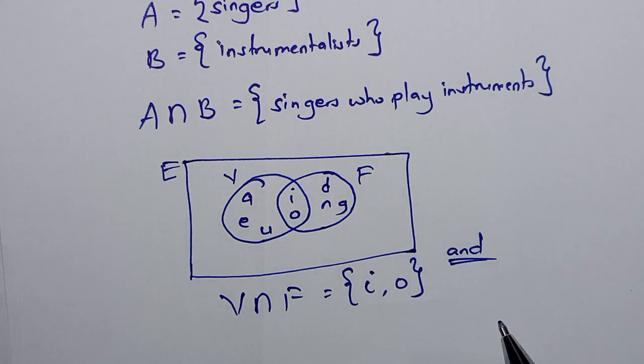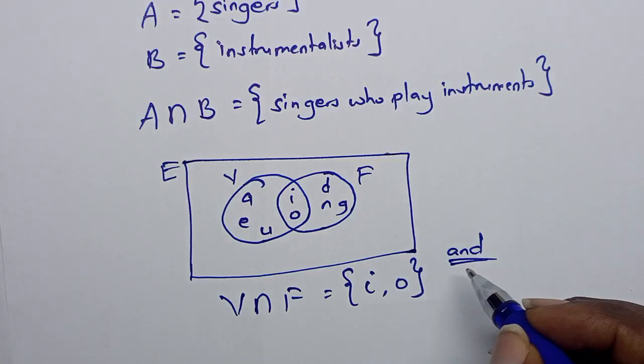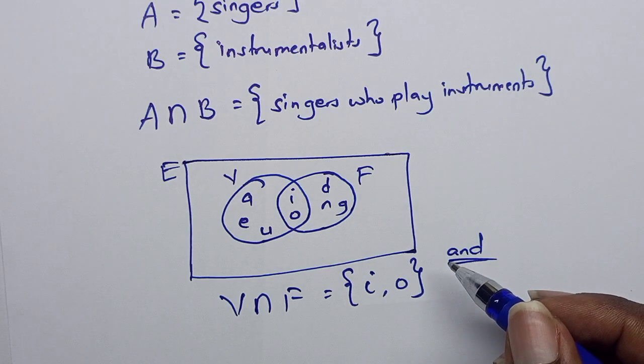That means values are falling in two sets. So when you hear the word and, just think of intersection.